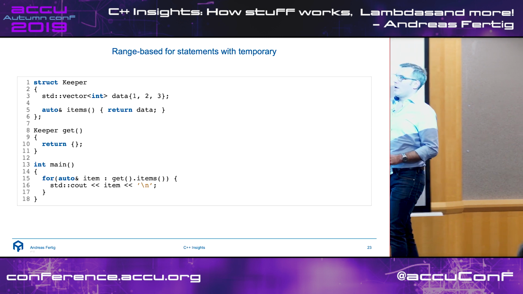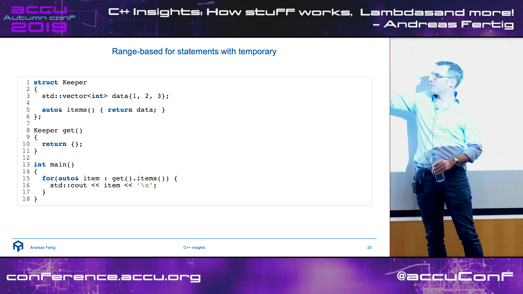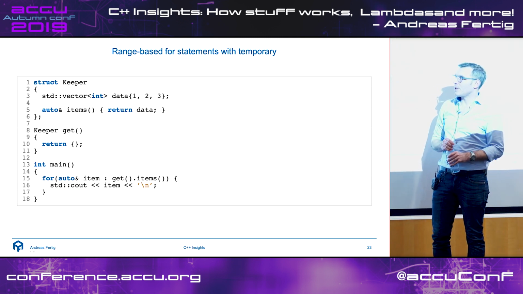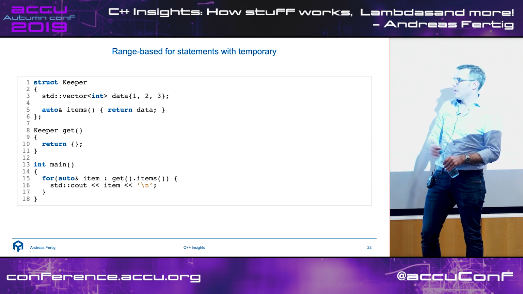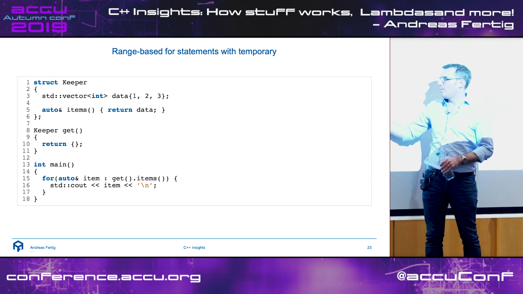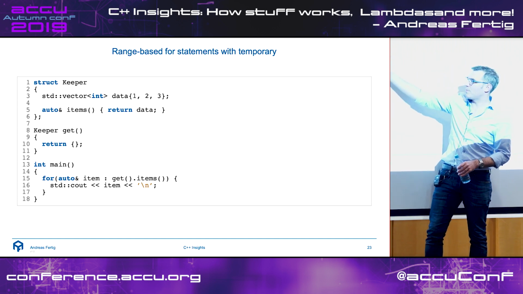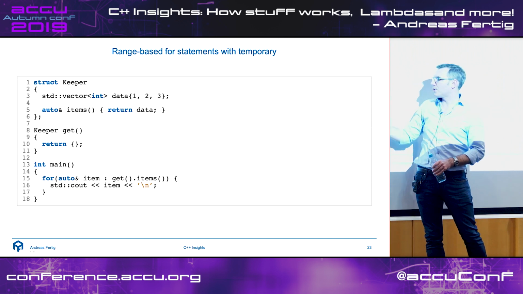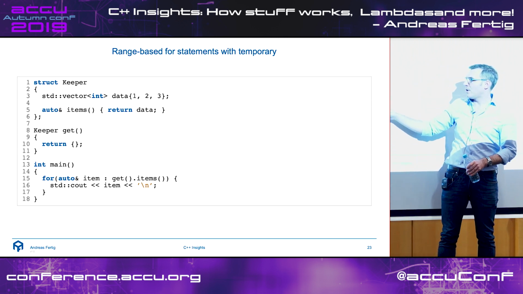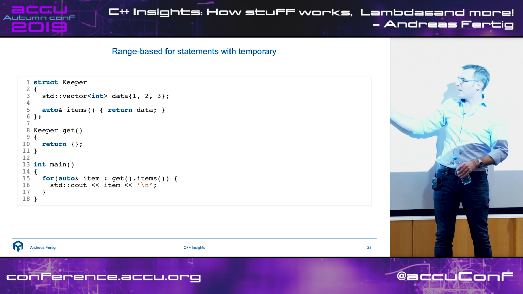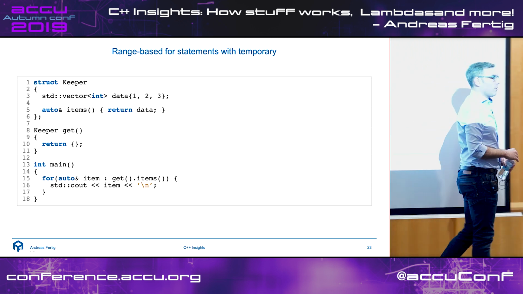Below there, I have another function called get, which just returns such a keeper struct by value and is happy. And then I'm using the range-based for loop to iterate over all the items in this vector, saying get to give me such a keeper thing, and then dot items to get all the items in that thing, and iterating over it.